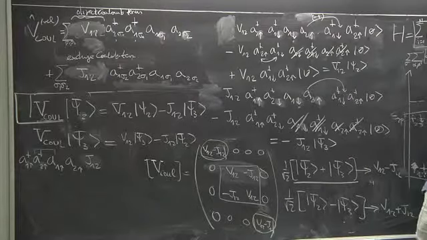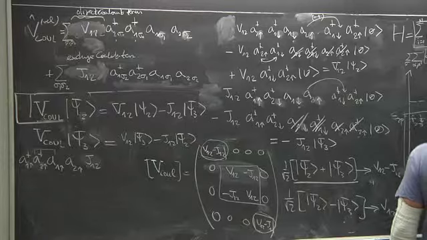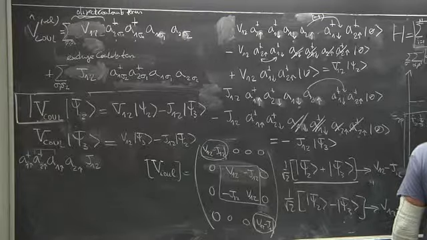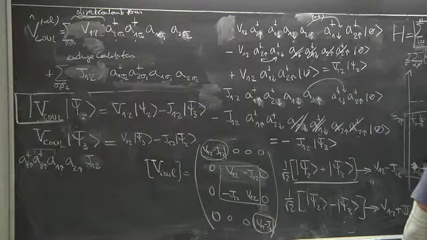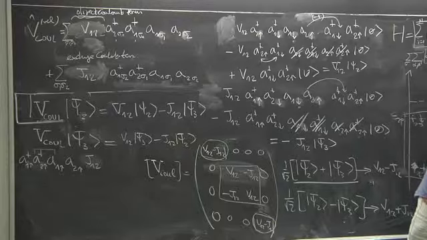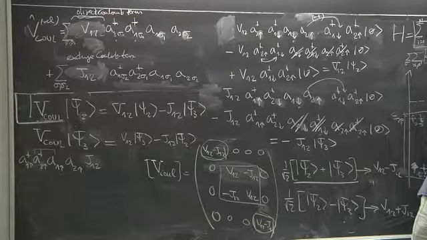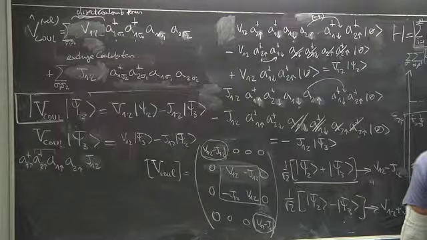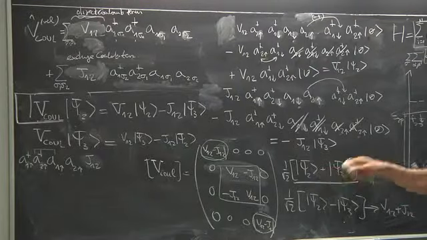The third combination is this plus that. So A dagger 1 up, A dagger 2 down, plus A dagger 1 down, A dagger 2 up. Okay? So this is the element that is written there.